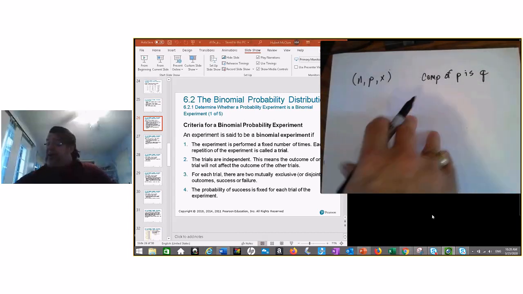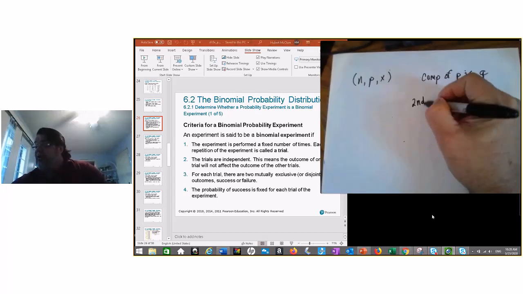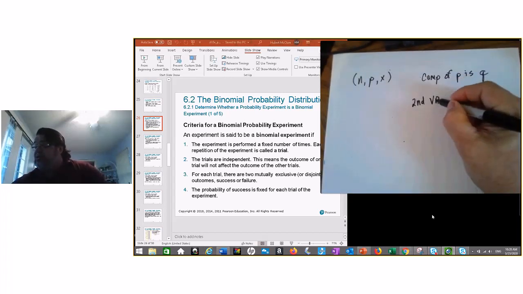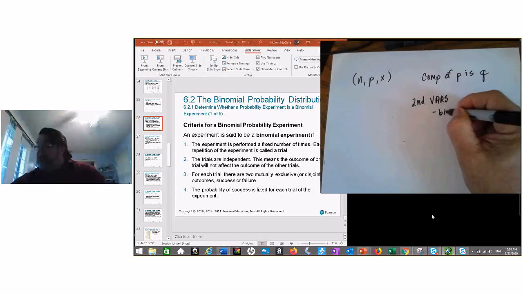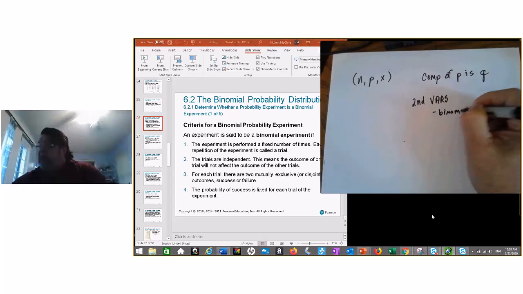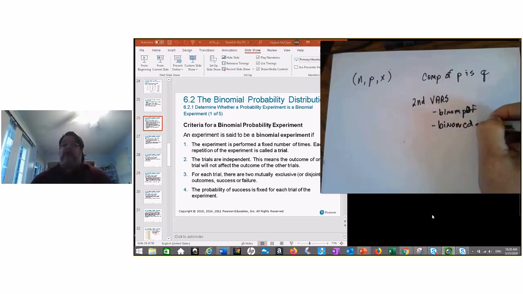And on the calculator, you're going to use second, bars, and then there's two of them: binomial PDF and binomial CDF. And I'm going to explain those two in just a minute.